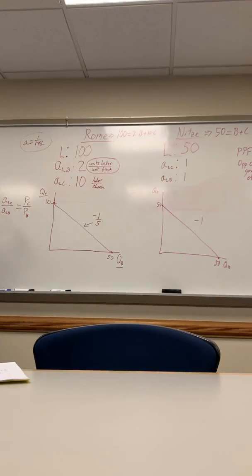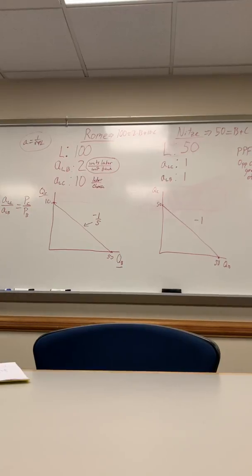Right? And this is key: if you're doing it this way, you have to keep the same numerator. So you've got C on both sides. So this should make sense. We would have 10 over 2 equals the price ratio. So we would end up with a price ratio of 5.